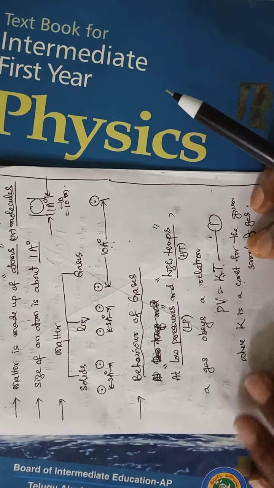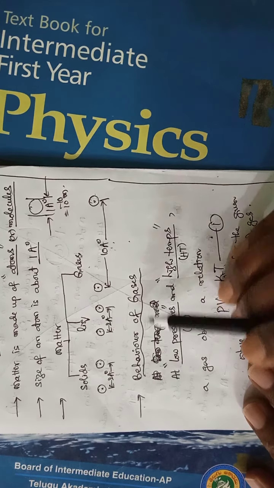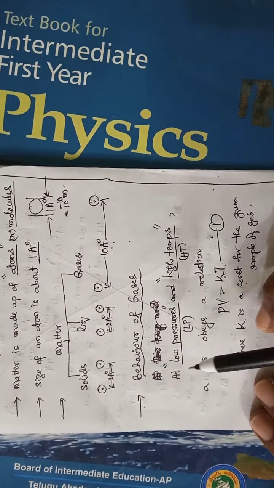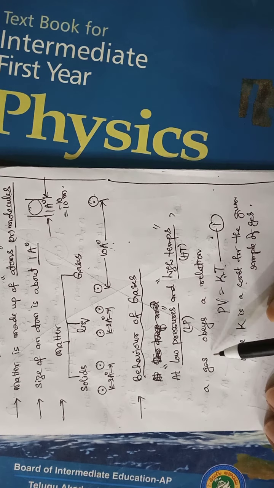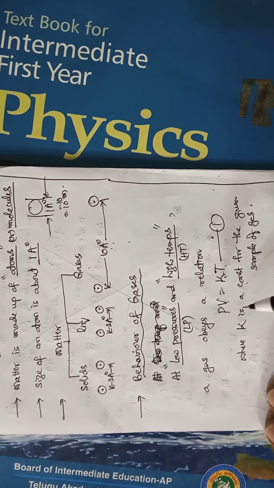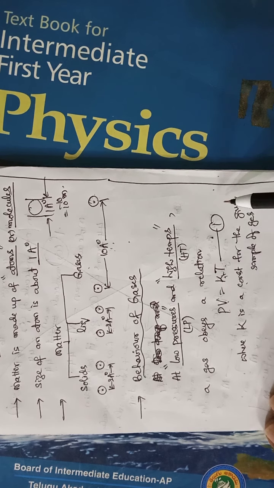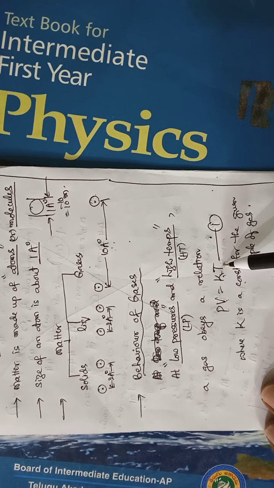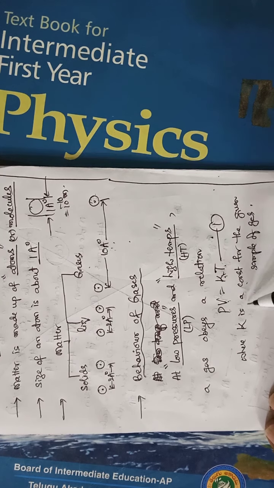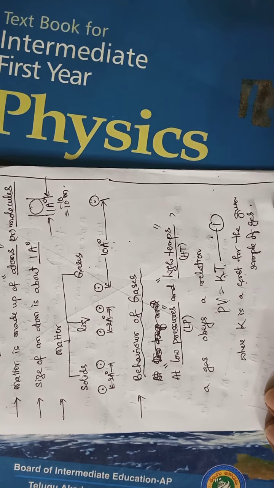Now, let us consider the behavior of gases. At low pressures and high temperatures, a gas obeys the relation PV = KT, where P is pressure, V is volume, T is temperature, and K is a constant for the given sample of gas.